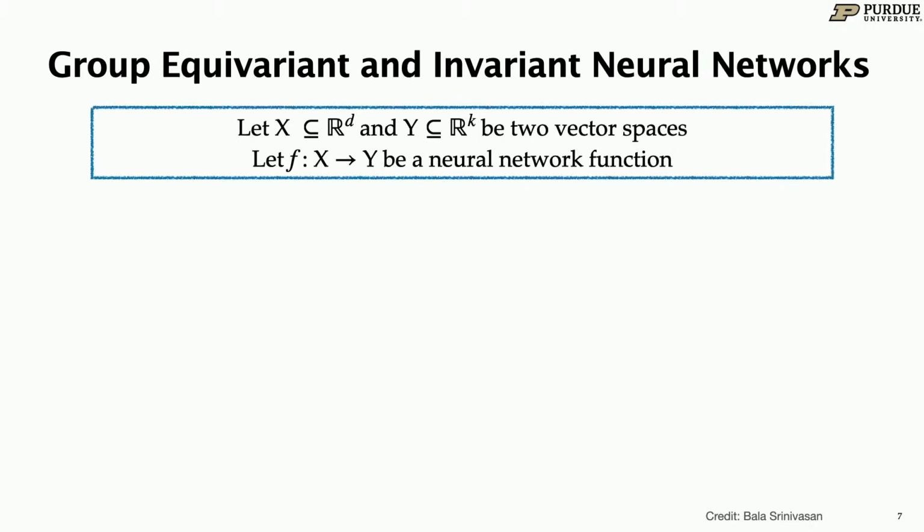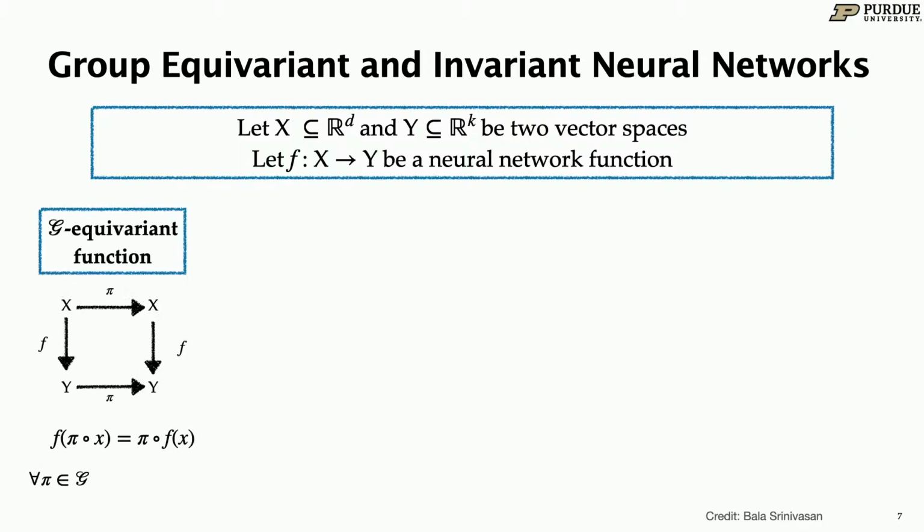So let's talk about G group equivariant and invariant neural networks. Consider F as a neural network that goes from X to Y, two spaces. Then equivariance is something like this: if I transform my input and apply the function, it's the same as applying the function first and then transforming the output.